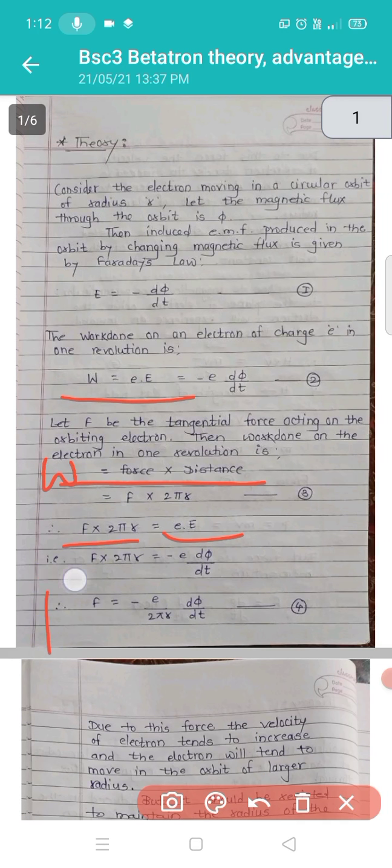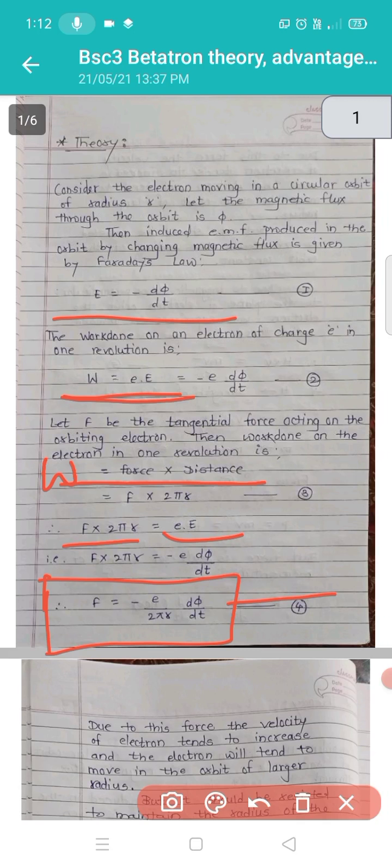Now rearrange it for the force F. We get F is equal to minus e upon 2 pi r into d phi by dt. This is equation number 4. Understood? First we consider Faraday's law, E is equal to minus d phi by dt. Then the work done W is equal to e into capital E, that is minus e into d phi by dt.